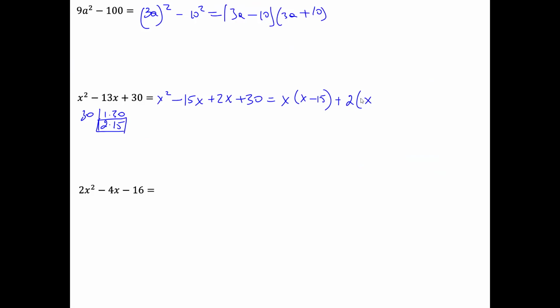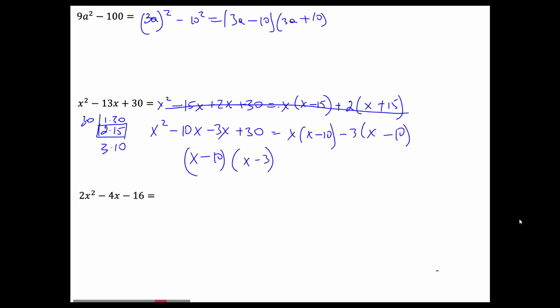What is wrong? No, it's positive 2, so it doesn't work. It means it's a suspect for a prime trinomial. Okay, let me put on the pause for a second. So 2 times 15 is what? Here we have minus 30, it should be 30, right? So 10 and 3 works.